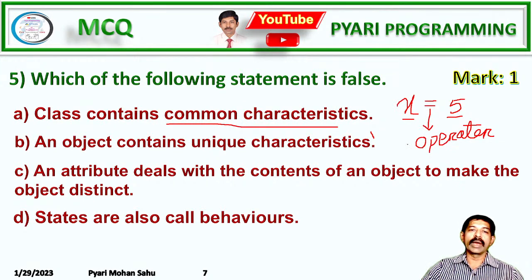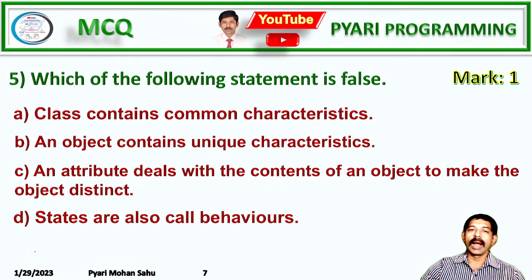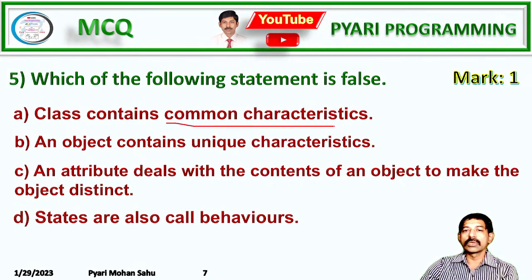Now let me explain to you. A class contains common characteristics. Obviously, because inside a class, whatever I am declaring, suppose I am declaring name, age, these are common for all objects. That's why it says that a class contains common characteristics. Got it? So this is a true statement.